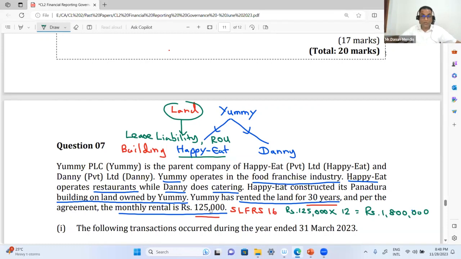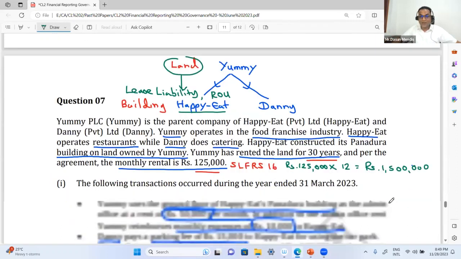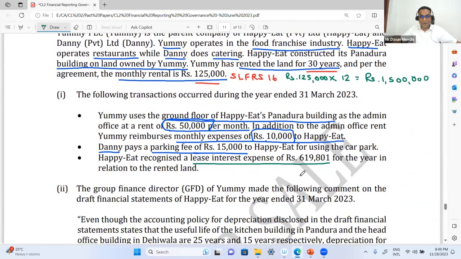Sorry, 1.5 million. That is the total amount of the lease rentals per annum. So out of these lease rentals, how much is the amount of the lease expenditure? Within all the lease rental payments, you have two components, capital repayment and the interest part. So the interest component is 619,800. Are we clear? Right.